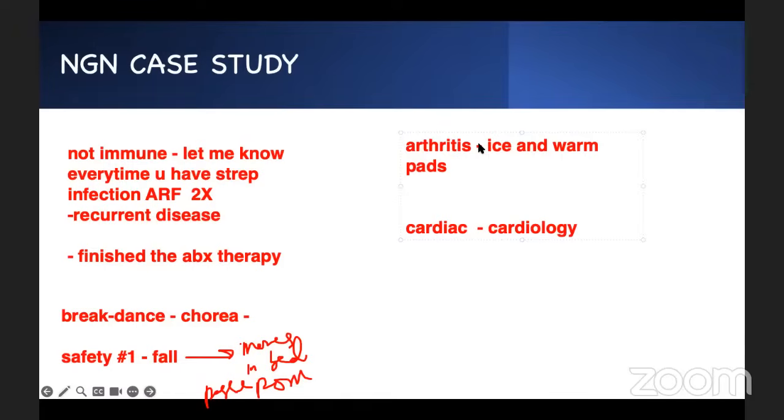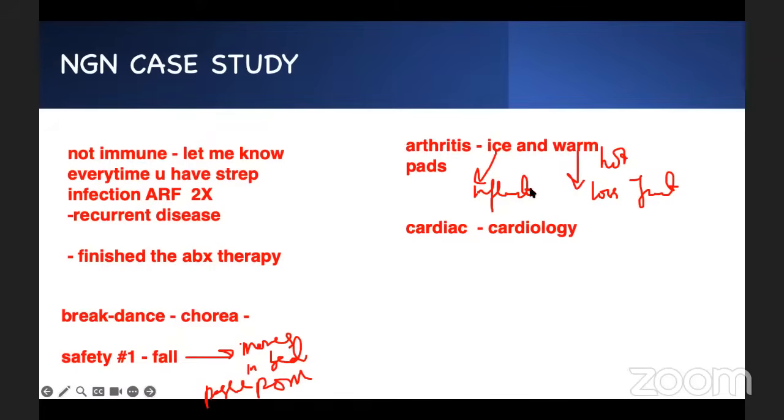So the warm, that means the hot pads, is going to help loosen the joint and make the joint flexible, and the cold ice pack will decrease inflammation. So you can use both to help with the situation.